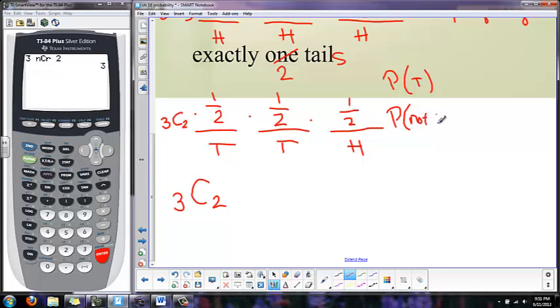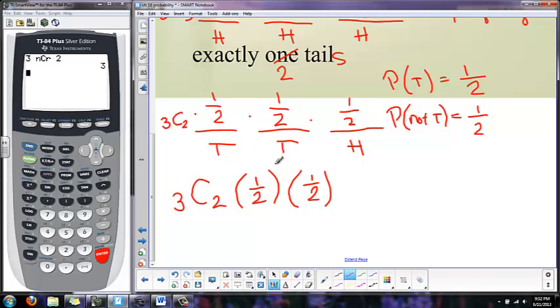Well, obviously, in this case, not a tail is just a head. But the probability of getting a tail, that is 1/2. And the probability of failure of not getting a tail, that's 1/2 as well. So we're going to put the probability of our success in parentheses and the probability of our failure in parentheses as well.